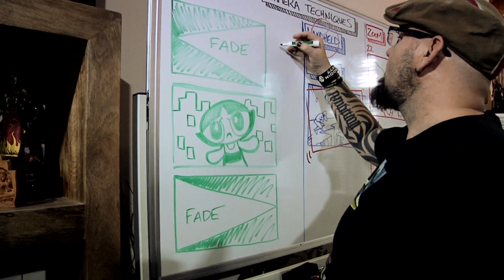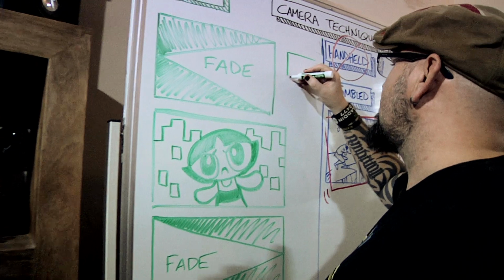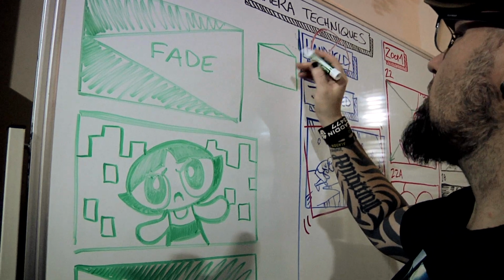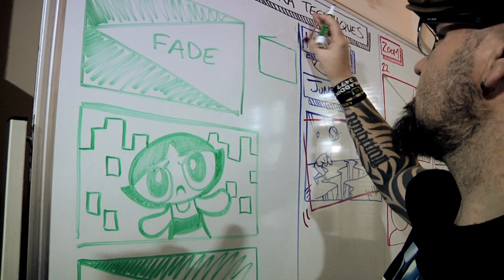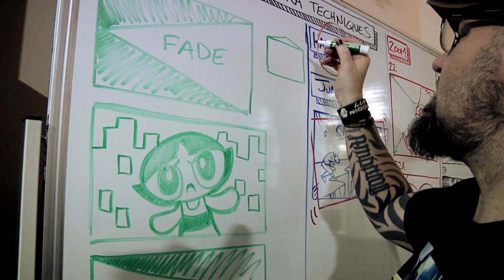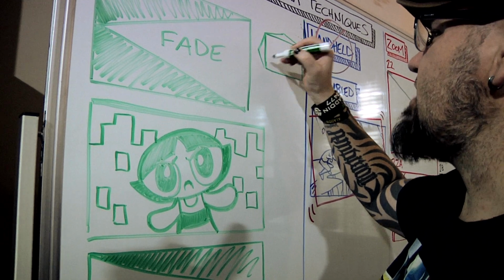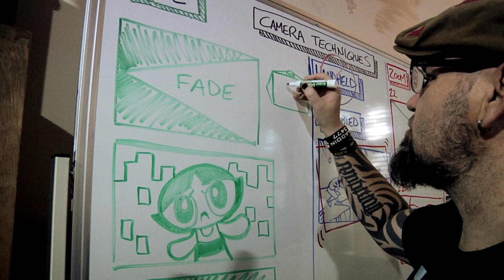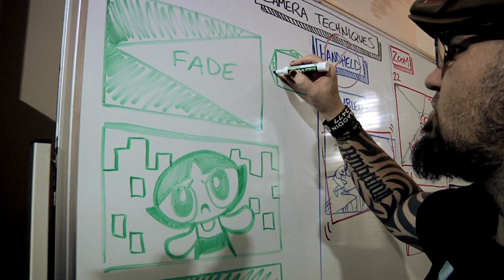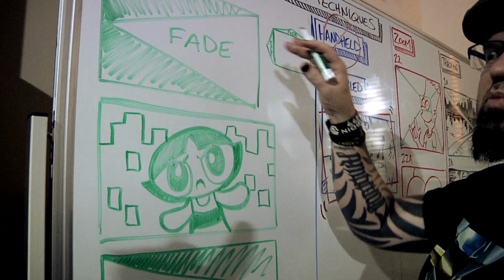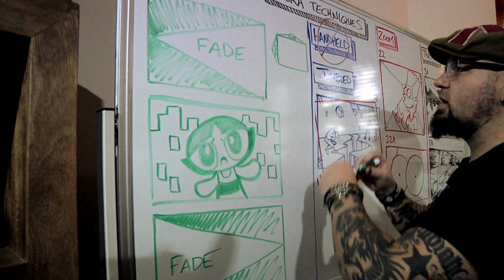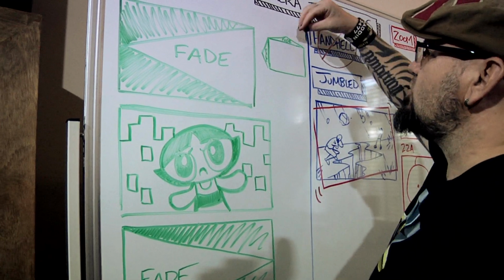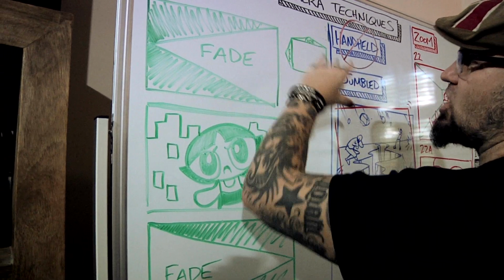If you've got your panel like this, in the gutter space, either above or over on the left, wherever you've got more space, you can simply put this squished triangle, or on the side, you can write the word fade. You don't have to do both. You could choose one or the other. Because we read from top to bottom, or from left to right, this would let you know that you're fading into the first shot like so.